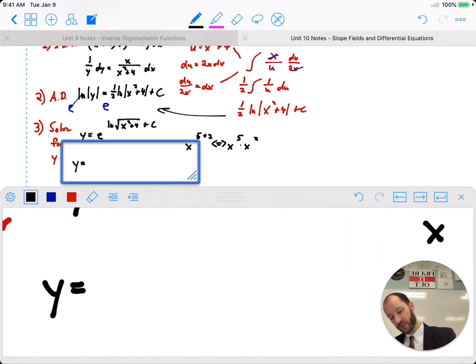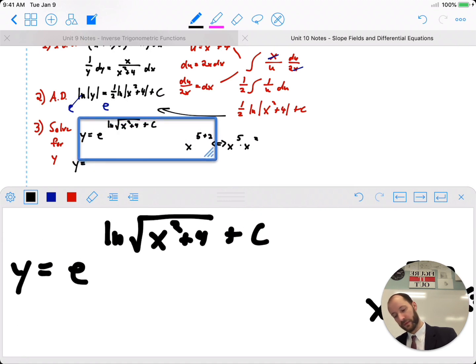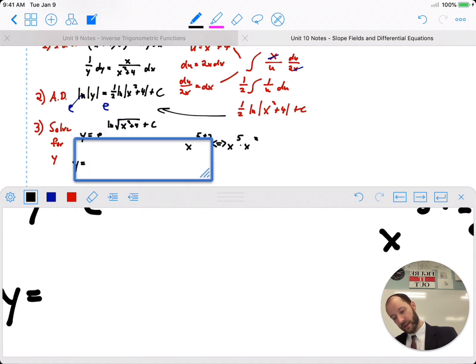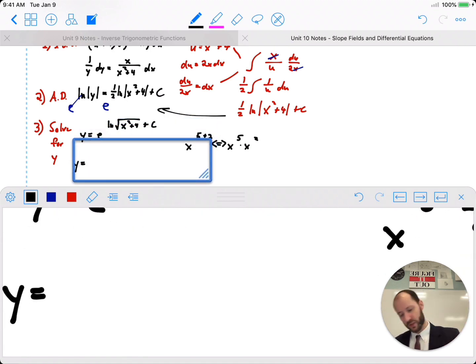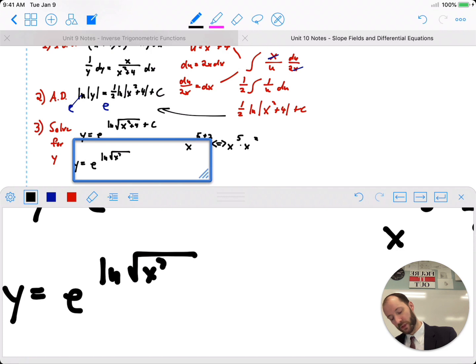So y equals, I'll take this in two steps. e to the power of ln root x squared plus 4 times e to the power of c. And of course, e and ln cancel.